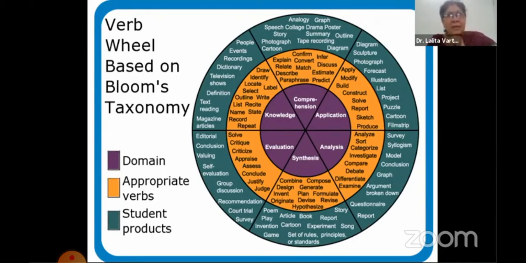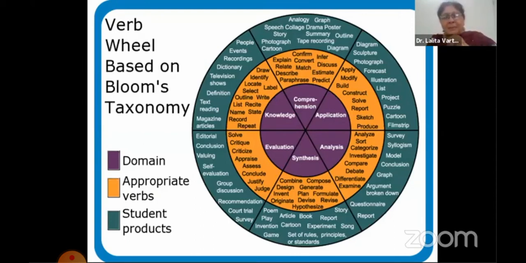I mentioned earlier that when we are talking of Bloom's taxonomy and when we expect that our students achieve the higher order thinking skills, how are we really going to say that they have achieved those skills? Through which particular aspect can we really say that, yes, my students have reached that level? So this is where the students' products come in.